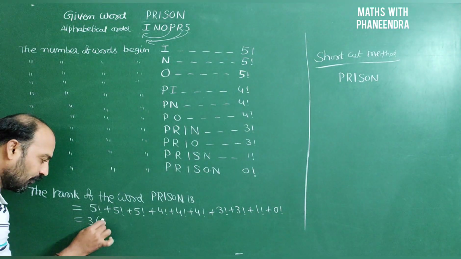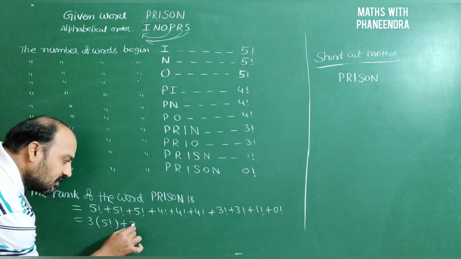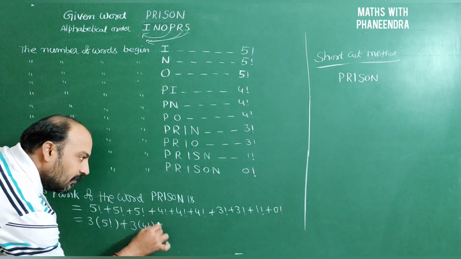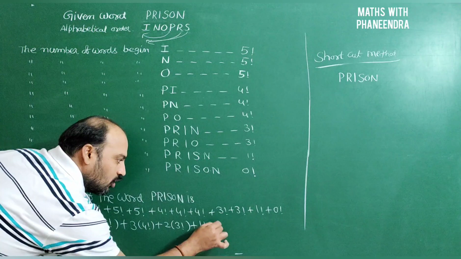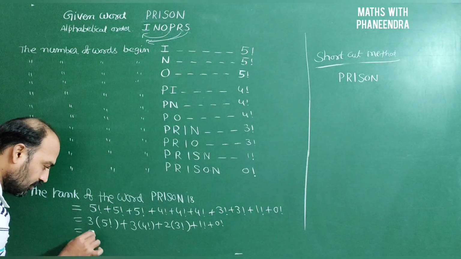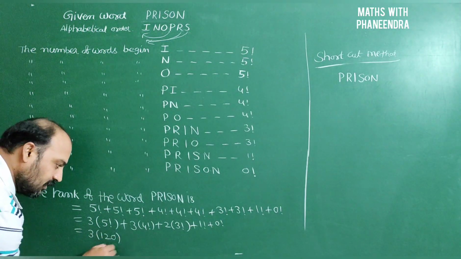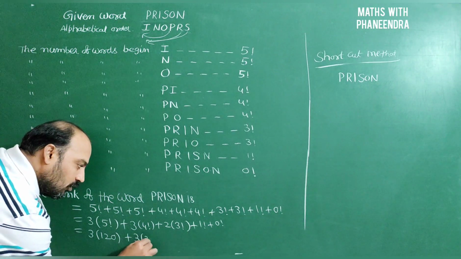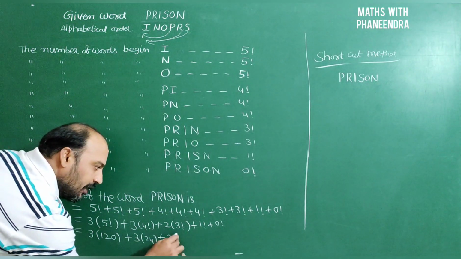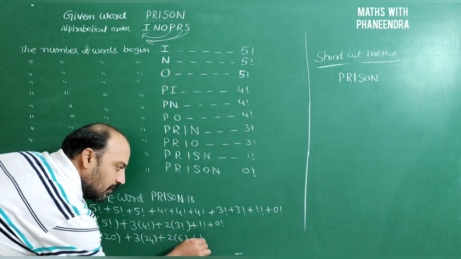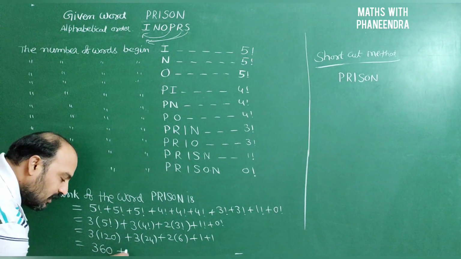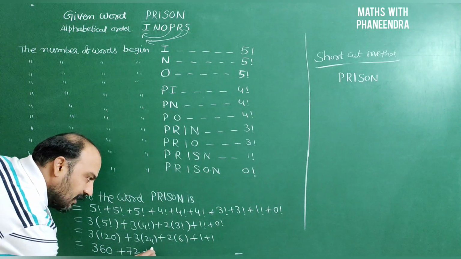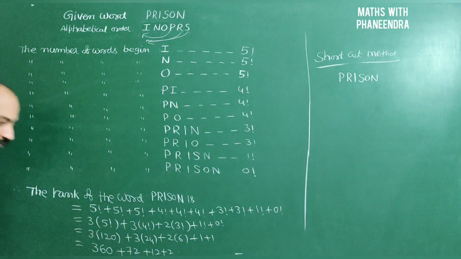So 3 into 5 factorial plus 3 into 4 factorial plus 2 into 3 factorial plus 1 factorial plus 0 factorial. So 3 into 5 factorial means 120, plus 3 into 24, 2 into 6, plus 1 plus 1. So 360 plus 72 plus 12 plus 2.